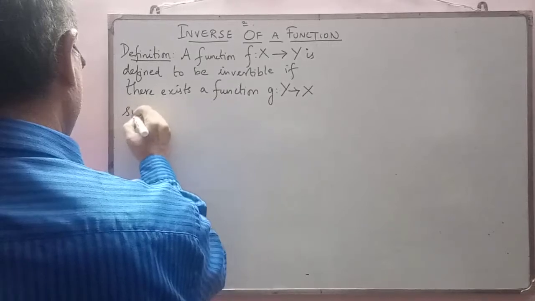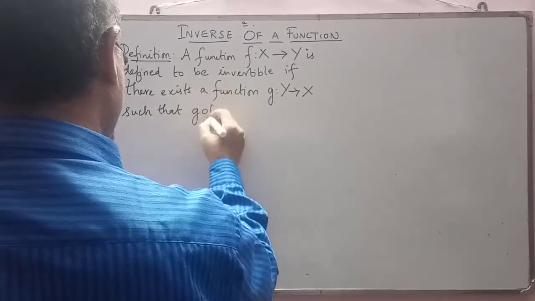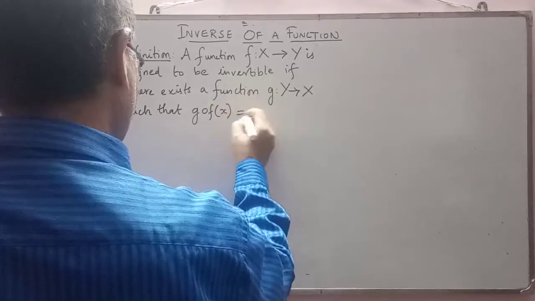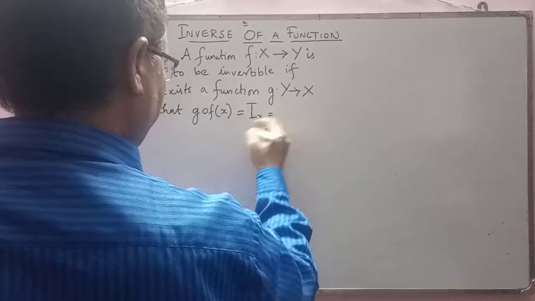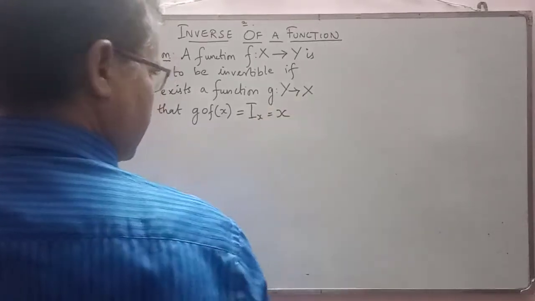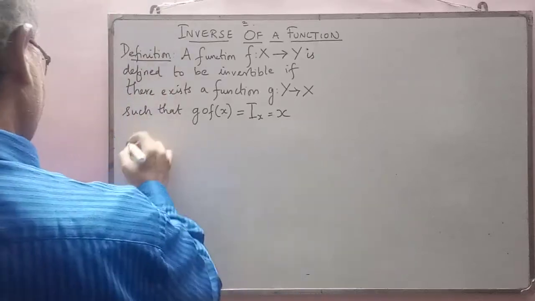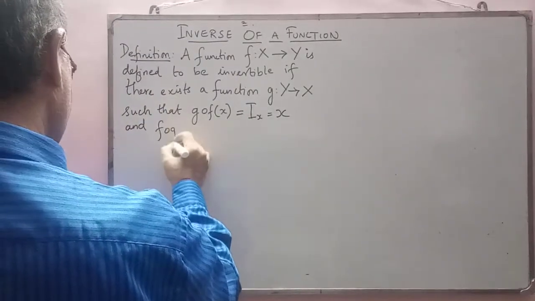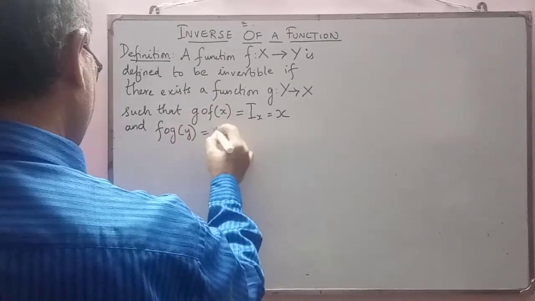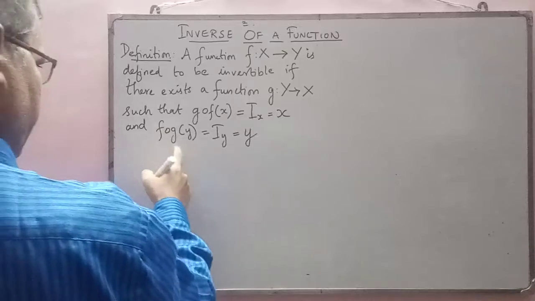Such that g o f of x is equal to I_X. It's given in the book. Identity function of x. You just understand it as x. g o f of x equal to x, and f o g of y equals identity function of y, or simply y. You should take it as f of g of y equal to y.